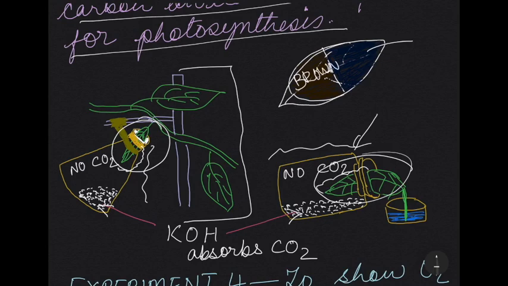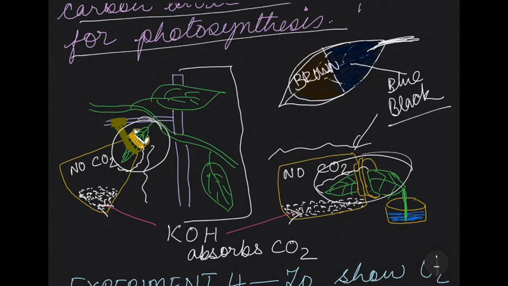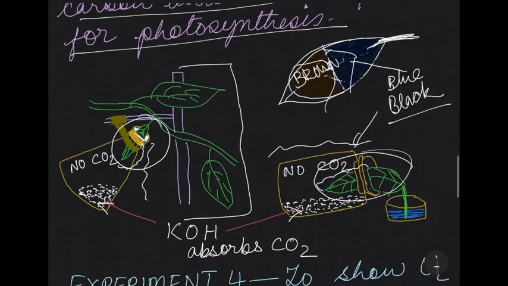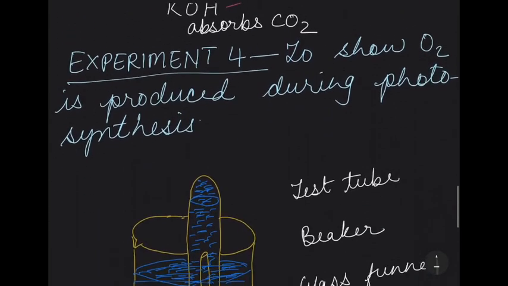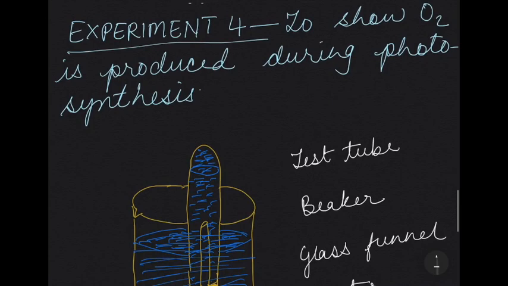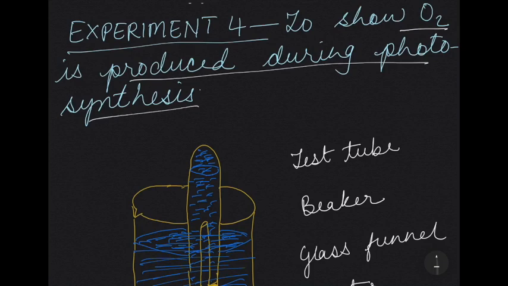Because it did not receive any carbon dioxide, and the portion which was outside will turn blue-black in color. Why is it turning blue-black in color? Because it received carbon dioxide and it performed photosynthesis. Clear?